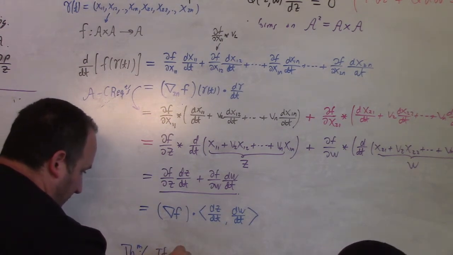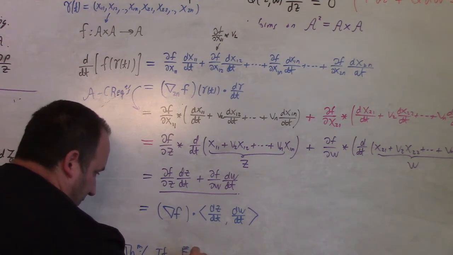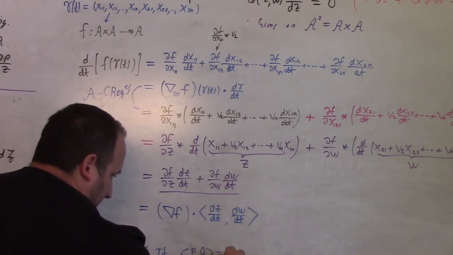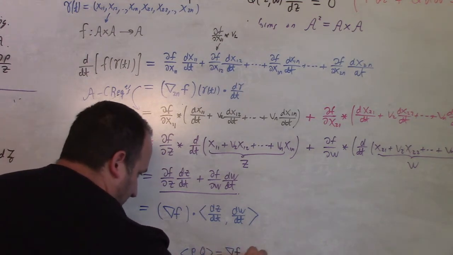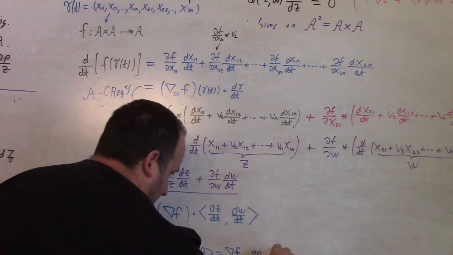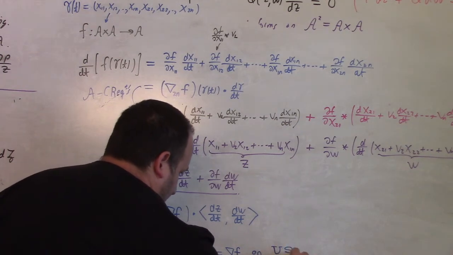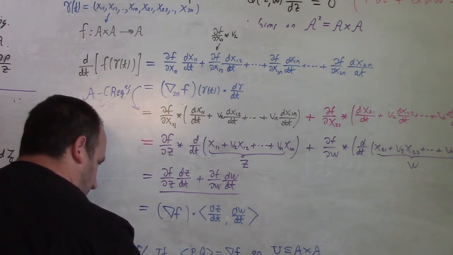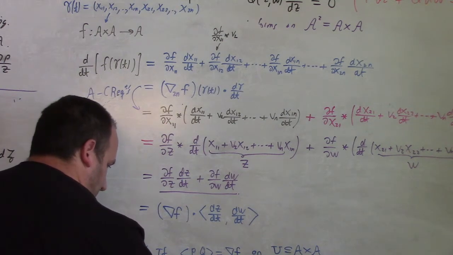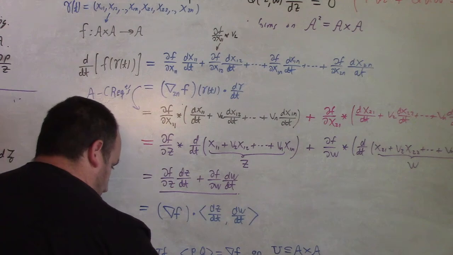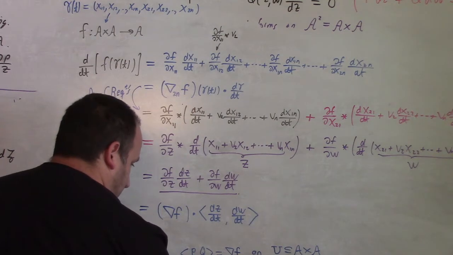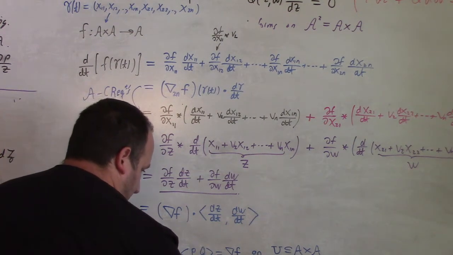If the vector field (P, Q) is equal to the gradient of f, on some subset U, which is a subset of A cross A, then the integral of P comma Q dot dr is independent of path.